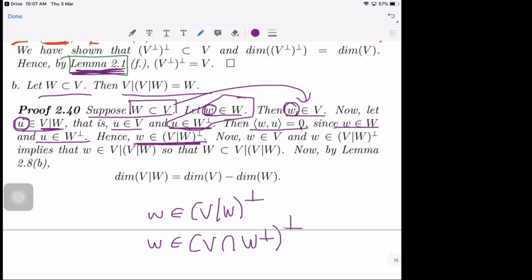The usual in set theory: A equal to B, you want equal, you first show A is a subset of B, then show B is a subset of A. Sometimes this approach is difficult, because one is clear but the other is not so clear. So the solution there is to use this result, lemma 2.1f.